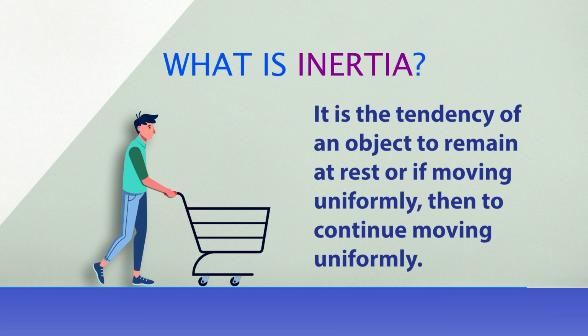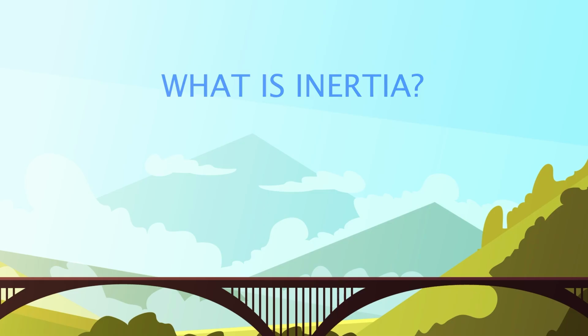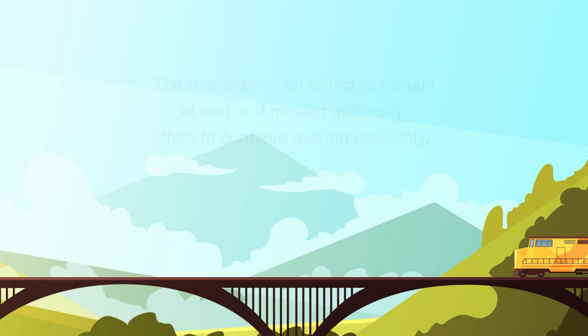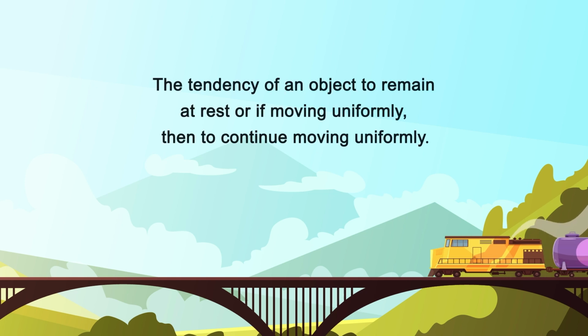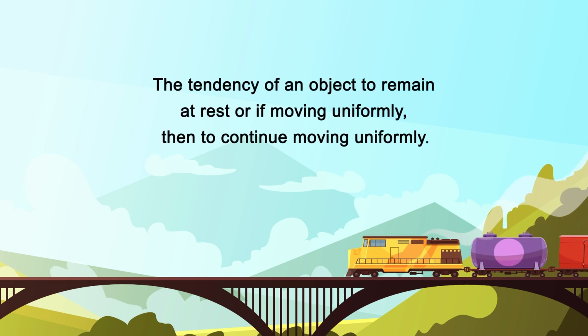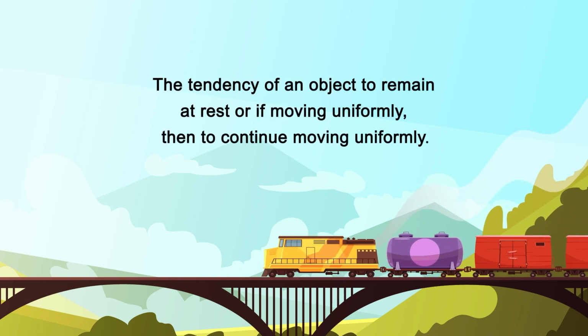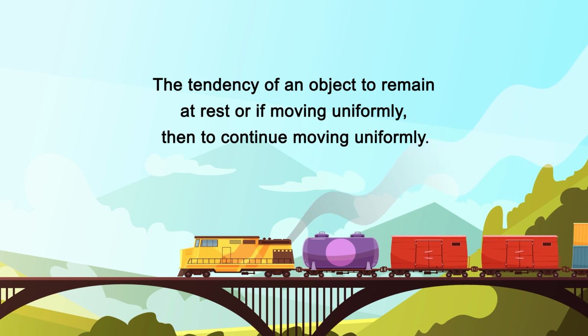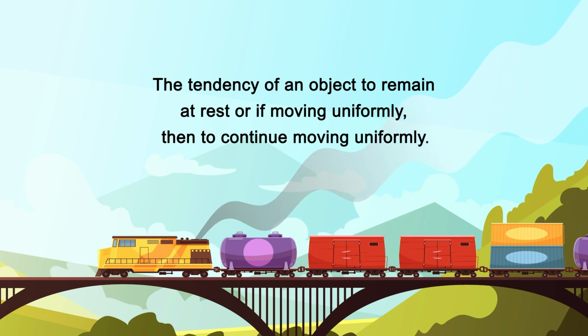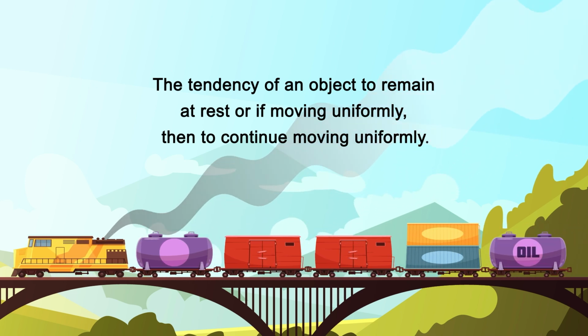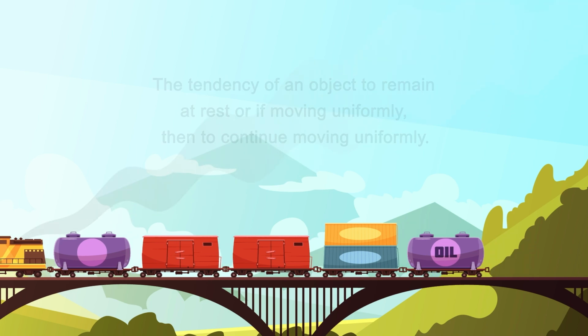It is the tendency of a body or an object to remain at rest, or if it is moving uniformly, that is, if it is moving at a constant velocity, then the tendency to continue moving uniformly, that is, moving at a constant velocity, is inertia.